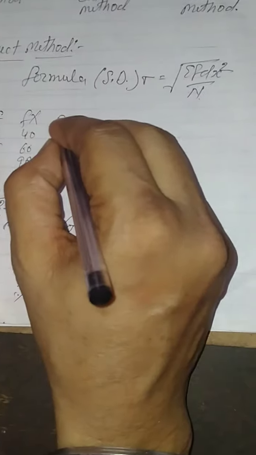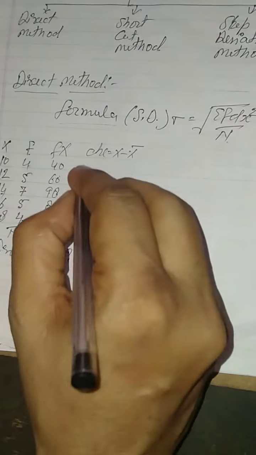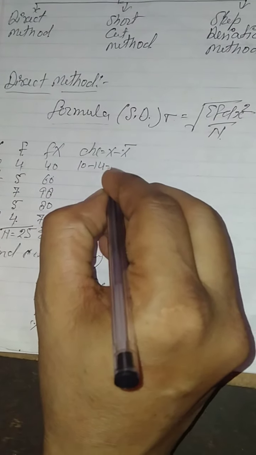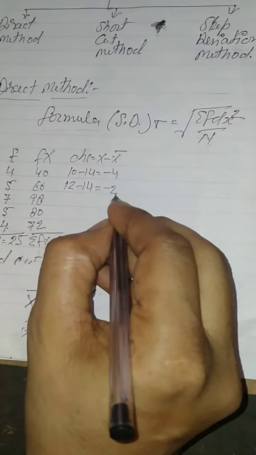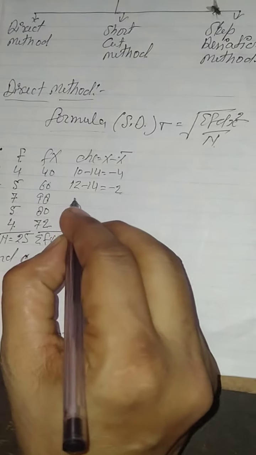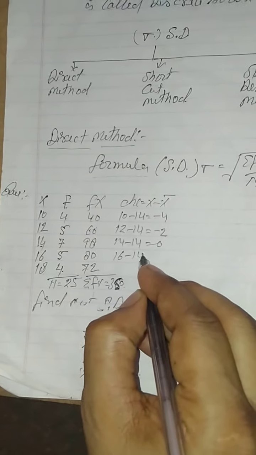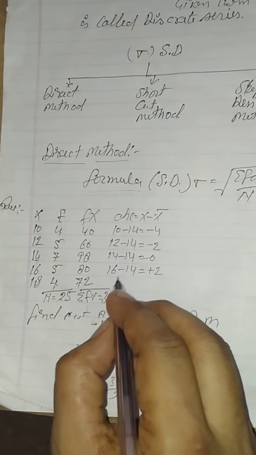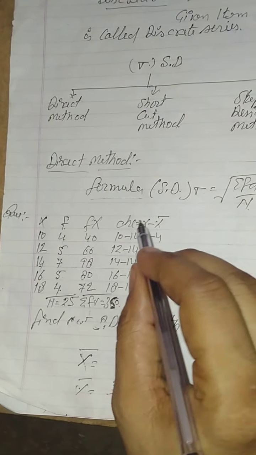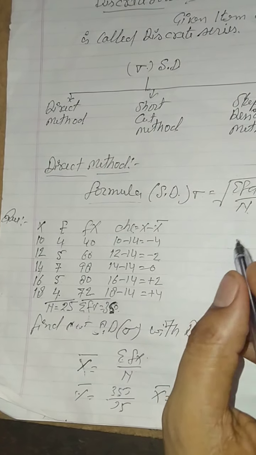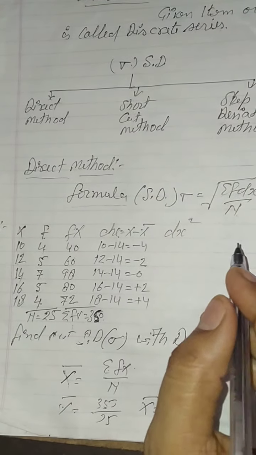After that we take deviation dx, the formula x minus x bar. 10 minus 14 is minus 4, 12 minus 14 is minus 2, 14 minus 14 is 0, 16 minus 14 is plus 2, 18 minus 14 is plus 4. That's dx.